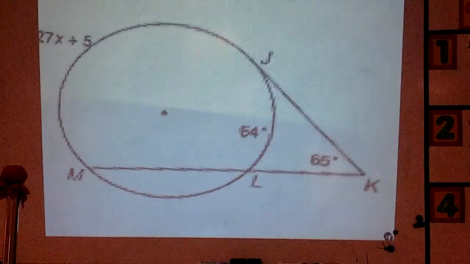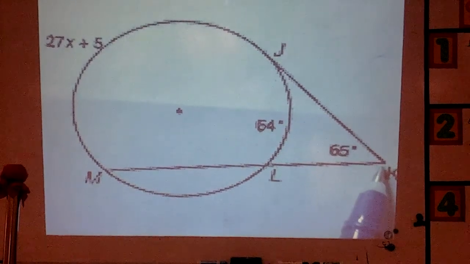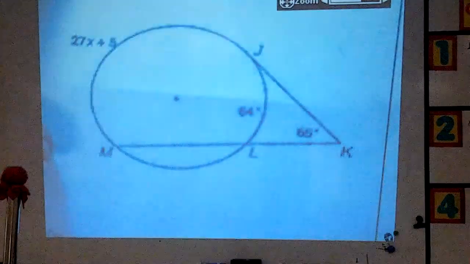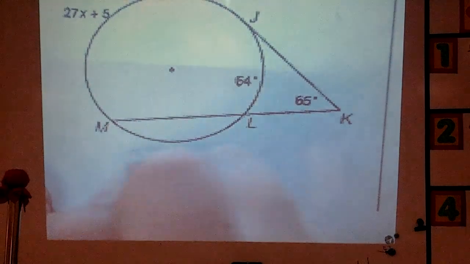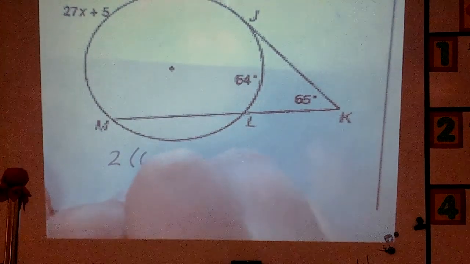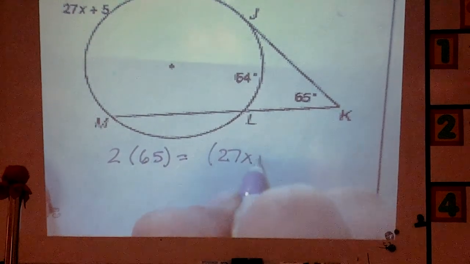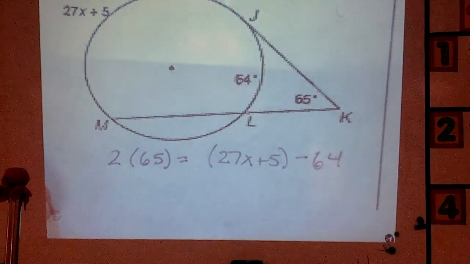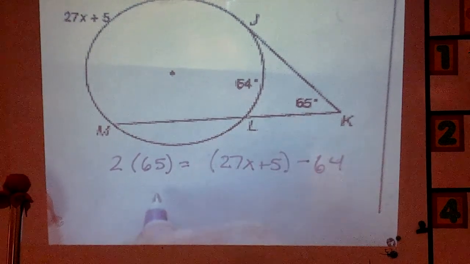Now going to the bottom left problem. Same idea. I have an angle outside of my circle. So twice, let me zoom out a little. Twice my angle of 65 equals my far arc minus my near arc. Now, notice I put parentheses around the expression. I just always do that to be careful. In this case, they aren't really affecting my answer.